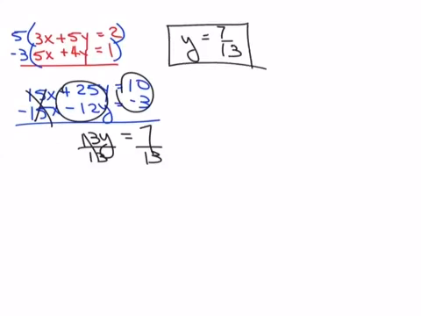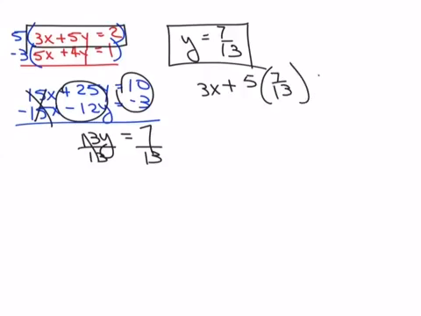Alright, and that was the hard part really. Now I take my equation, doesn't matter which one, and I plug 7/13 in for y. So 3x plus, yuck. Okay, I'm going to subtract 35/13 from both sides.